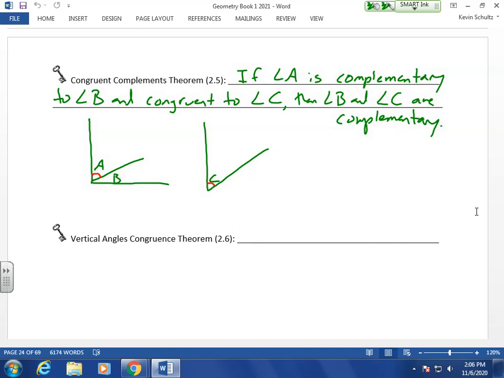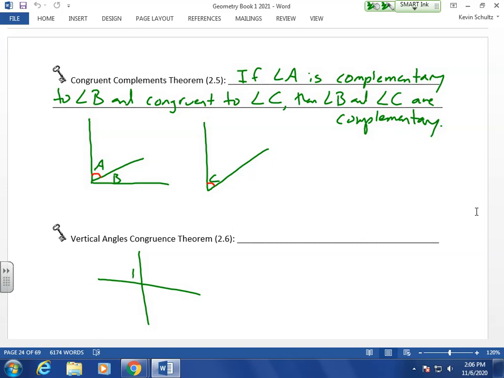Questions on either of those? All right. The vertical angles congruence theorem is abbreviated the VACT, or just the VAT, the vertical angles theorem. What are vertical angles? We talked about these before, back in PO7, I believe, or earlier. What are vertical angles? Right, they're angles that are across from each other or opposite each other at a point of intersection.